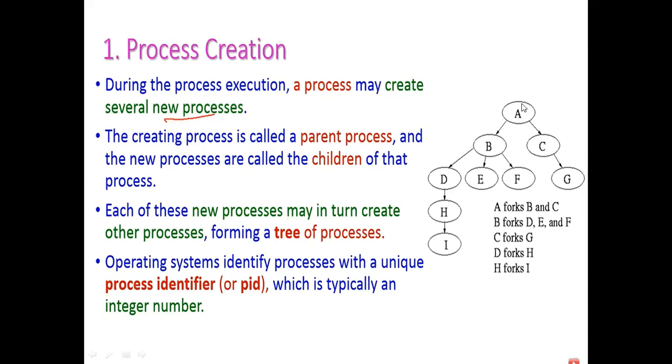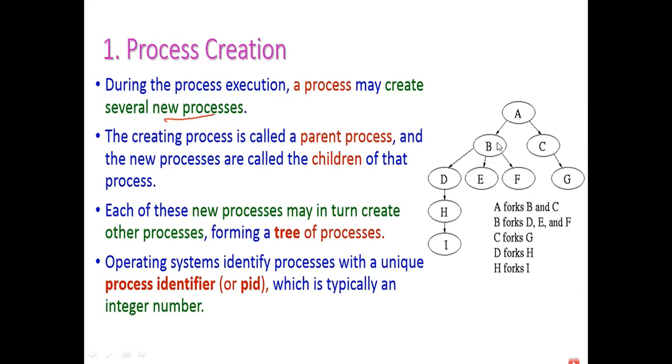The process A has created two processes B and C, which we call child processes, and the parent process is process A. The creating process is called the parent process, and the new processes which are created by the parent process are called child processes.